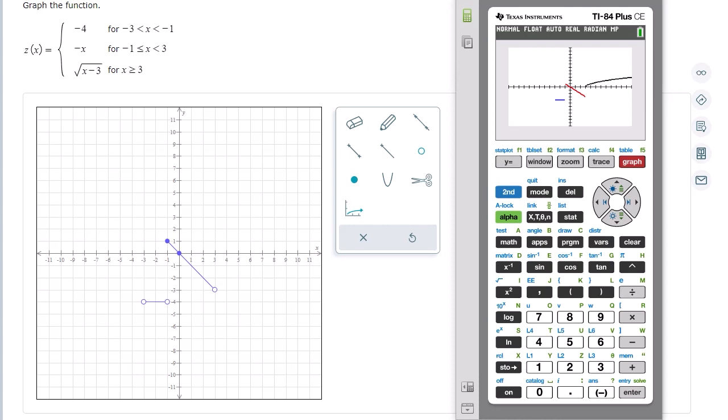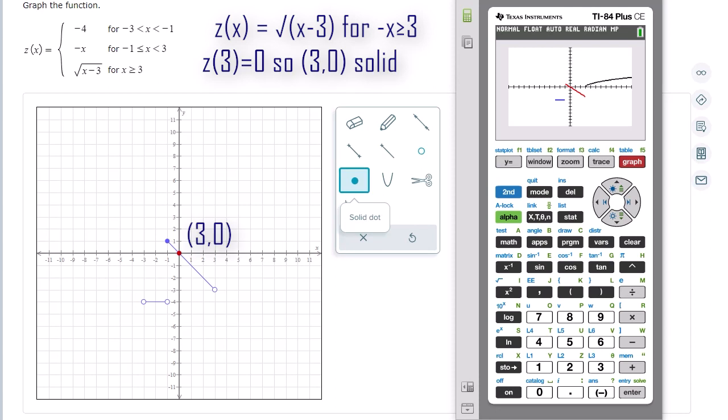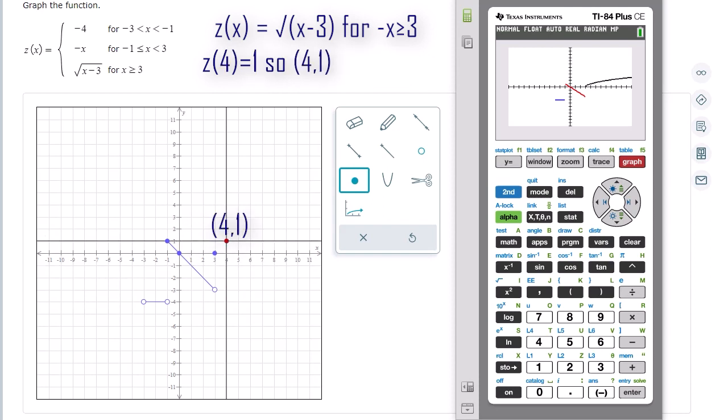Well, now I'm going to graph the third function, z of x equals the square root of x minus 3. So that's going to have to be a solid dot because x is greater than or equal to 3. When x equals 3, the square root of 3 minus 3 is 0. So that'll be here. And now I want to calculate when x equals 4, I have the square root of 1, that's 1.